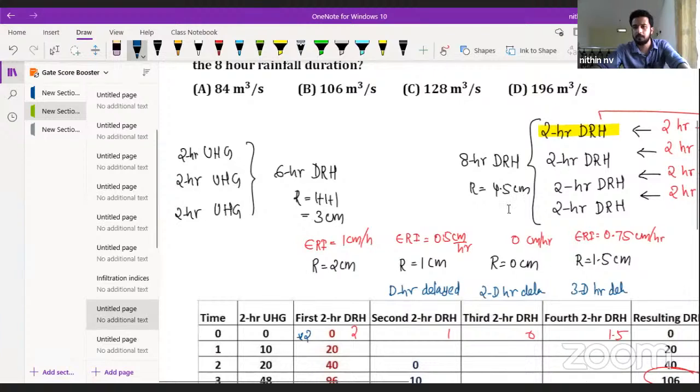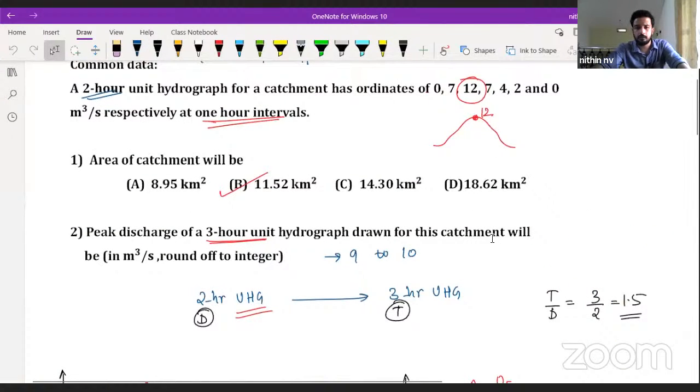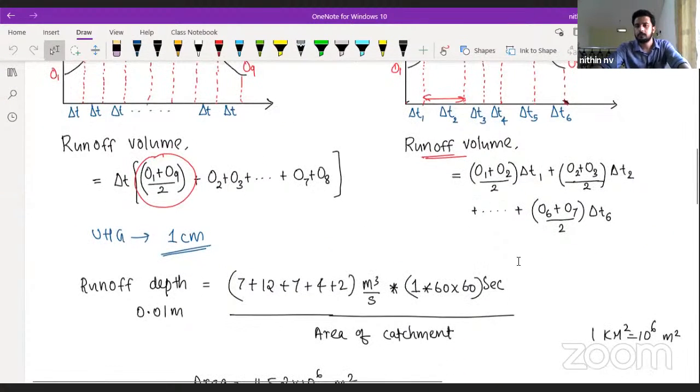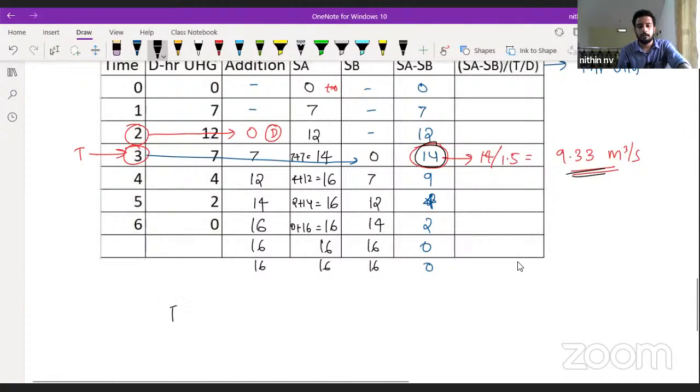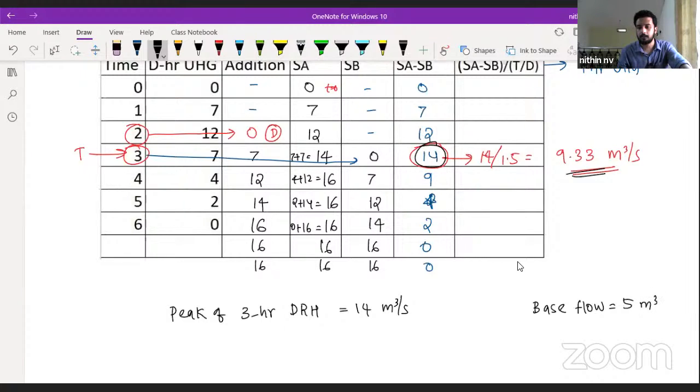In the last question, we got the peak of the 3 hour DRH as 14 meter cube per second. If they are giving in the question that base flow is, for example, 5 meter cube per second, base flow means the value which is already present there even before the rainfall.